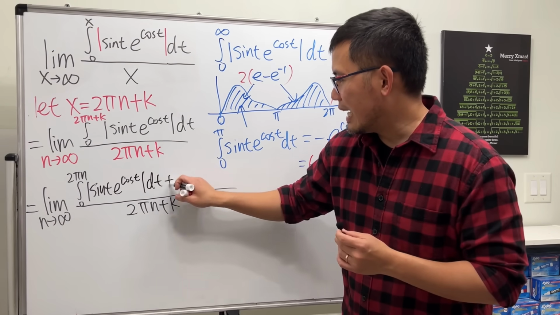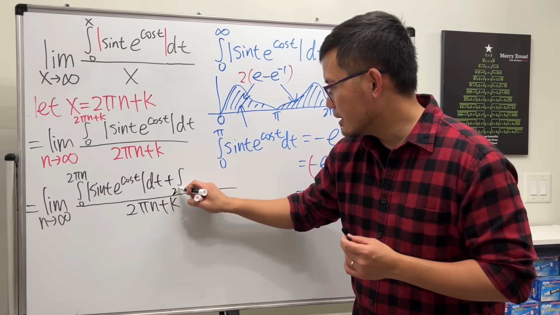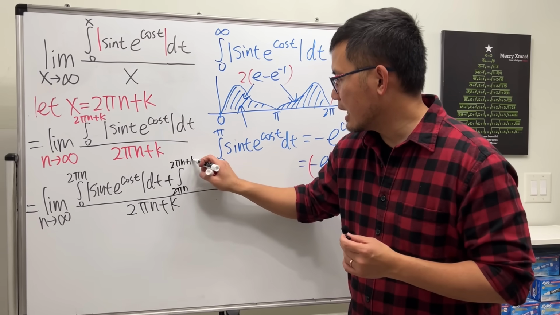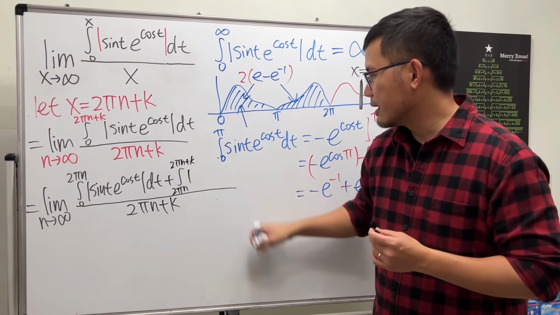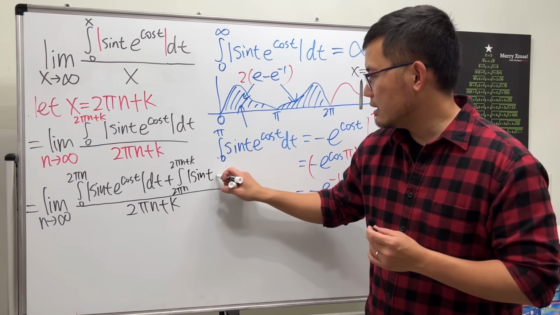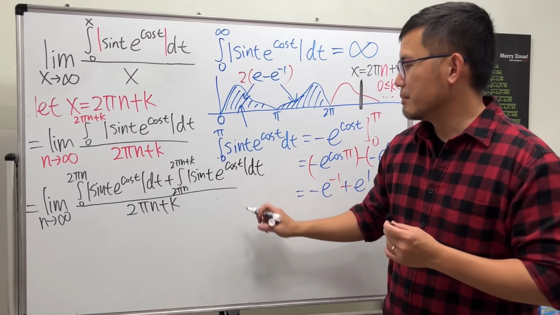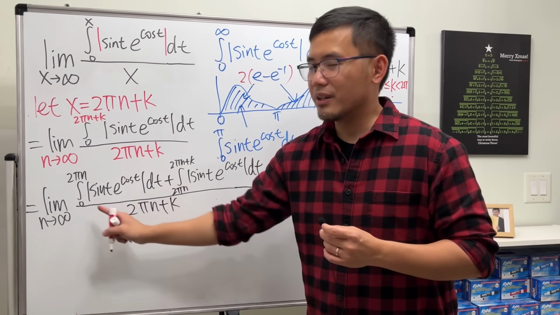And then we have to add the integral starting from here, 2 pi n, up to 2 pi n plus k. And then write down the function one more time: the integral of absolute value of sine t e to the cosine t dt. Perfect.